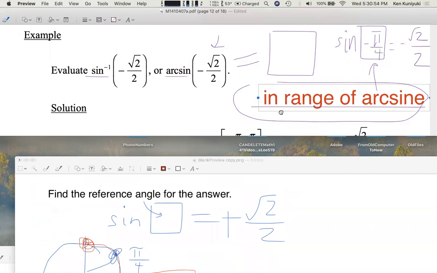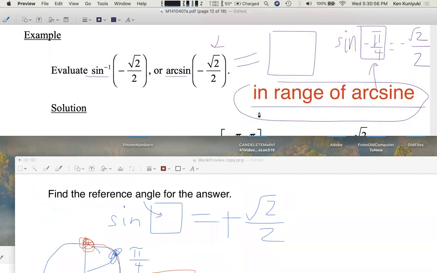And it is in the range of the inverse sine function, or arcsine. It's between negative pi over 2 and pi over 2. So we conclude that this is the answer. Negative pi over 4 is our answer.